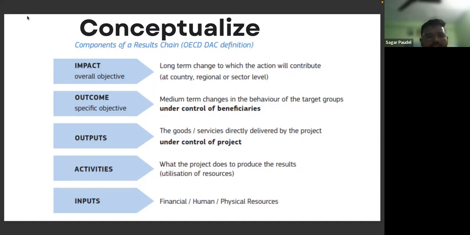And next, if you give vegetable training to certain people, then they conduct different kitchen gardening and use diverse species of crops in the kitchen gardening, their behavior changes. So this is the medium-term output we want to get, which is called the outcome.